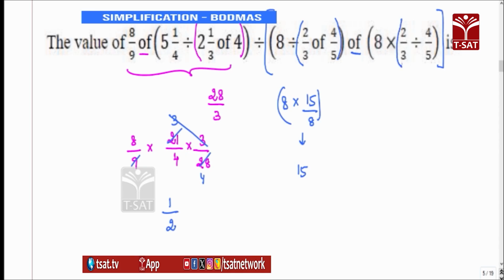First give priority to division. 2 by 3 into 5 by 4, it becomes 5 by 4, 2 by 3 into 5 by 4. Then after that, only multiplication. It becomes 20 by 3. So, this whole thing became 100.